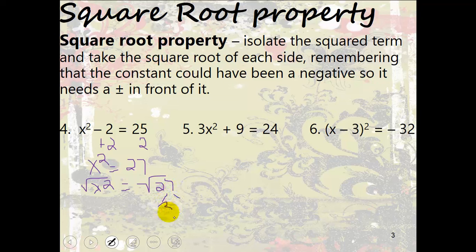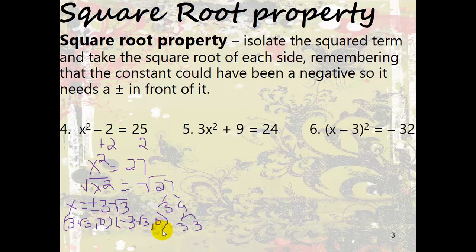It is 3 and 9, and 9 is perfect. So this is x equals plus or minus 3 root 3. So we would get (3 root 3, 0) and (negative 3 root 3, 0).